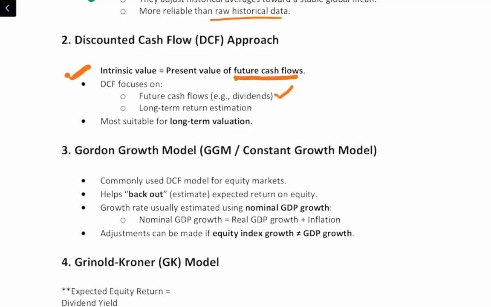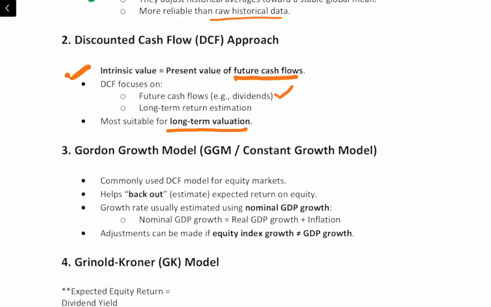So they are going to focus on the dividends. So they will look at the historical dividend rate as well as the present and the future dividend estimation. Clear? So with the help of this, I'll be able to estimate the value of an equity, or you can say the value of a company, and this is suitable for long-term valuations.